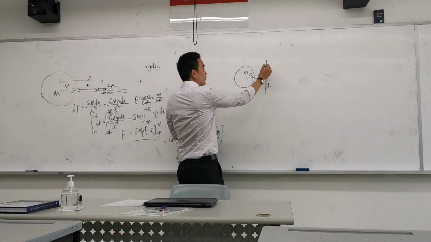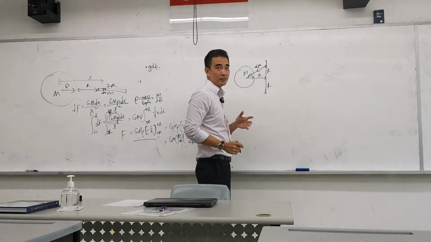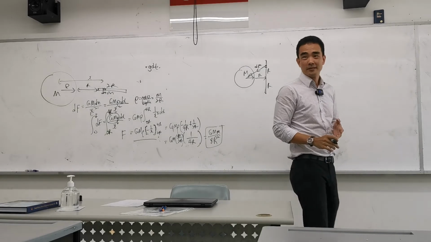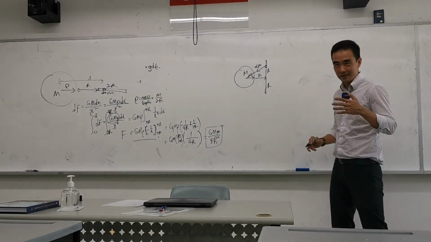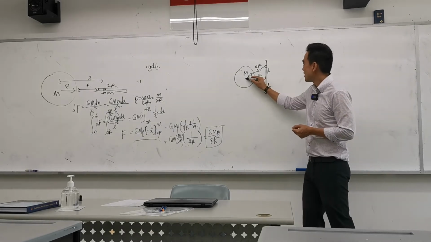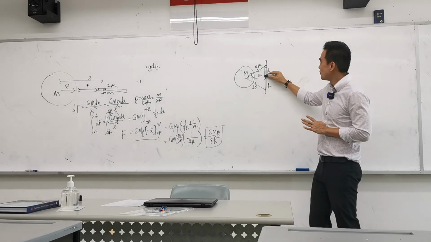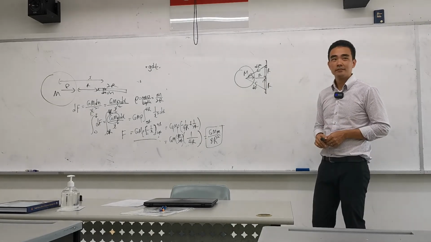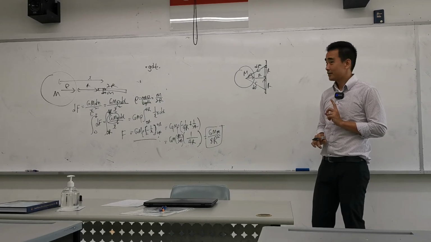Right, now the challenge over here is this. The force of attraction, this dF, is at an angle. But do you agree with me that the good thing is, if you have an opposite point, the vertical forces will cancel out? So it's only the horizontal force that will add on.